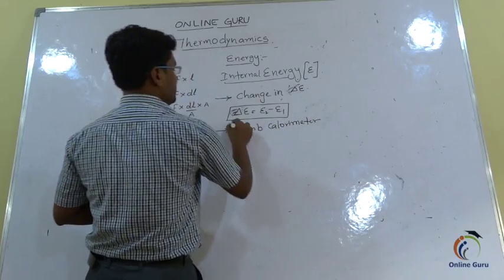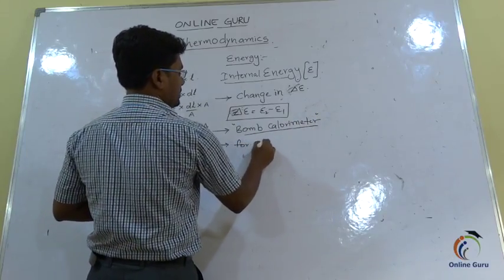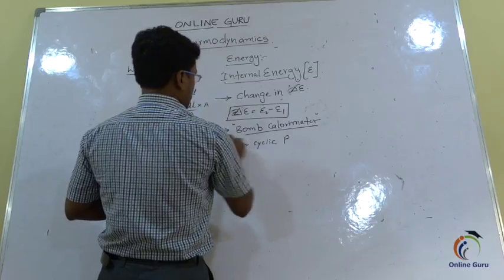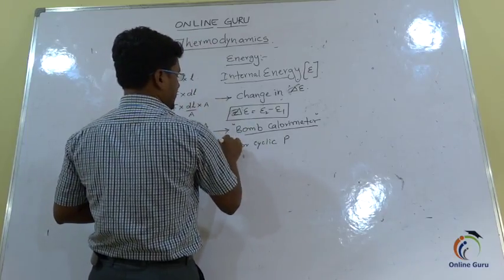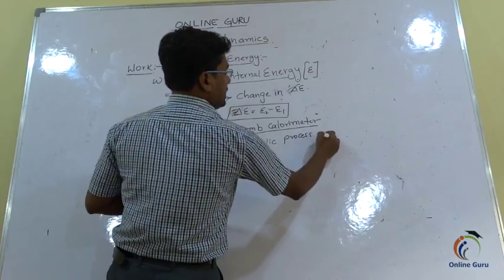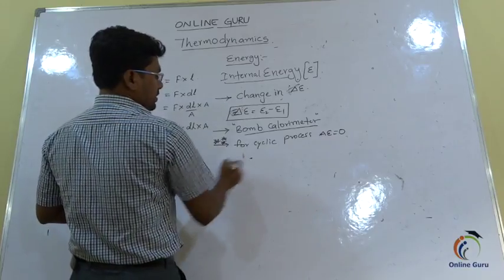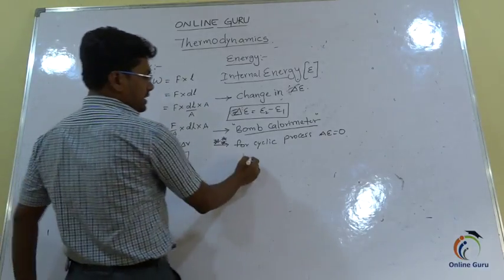For a cyclic process, this is important, delta E, the change in internal energy, is equal to 0. Why? Because, for example, the system starts from here.